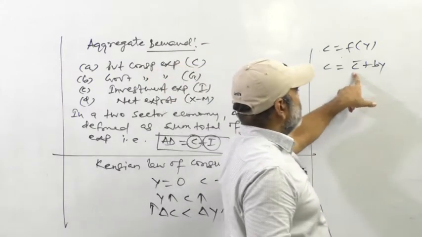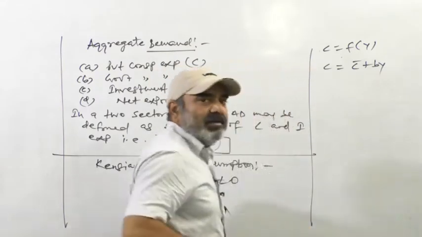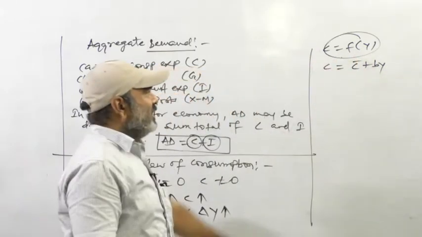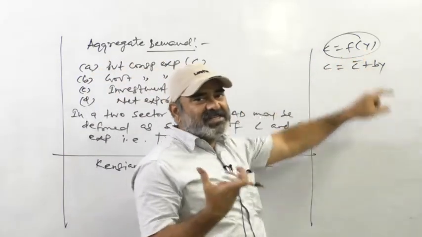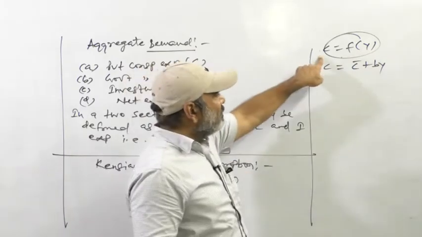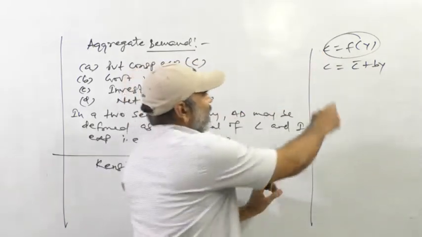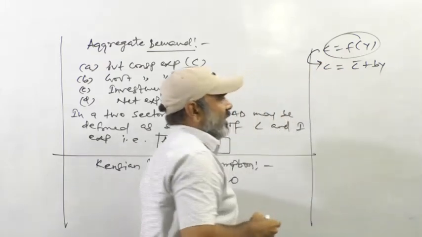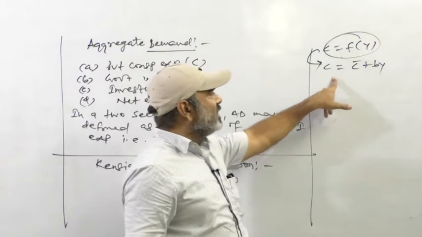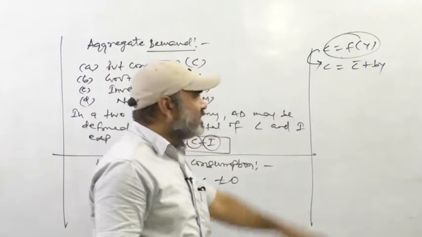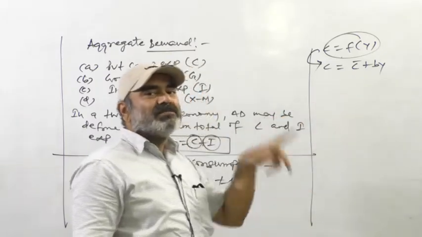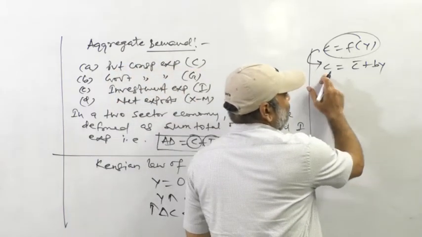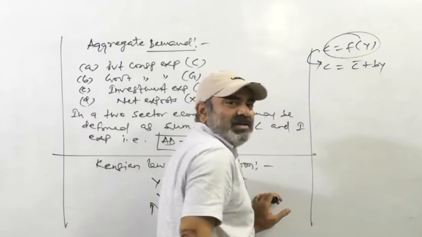This is C equals to C bar plus bY. Consumption is the function of income, that we have seen. This is the level of income which will decide our consumption expenditure. So this is linear consumption function. This is the equation of linear consumption function. Let us understand this. This is consumption and this is autonomous consumption.